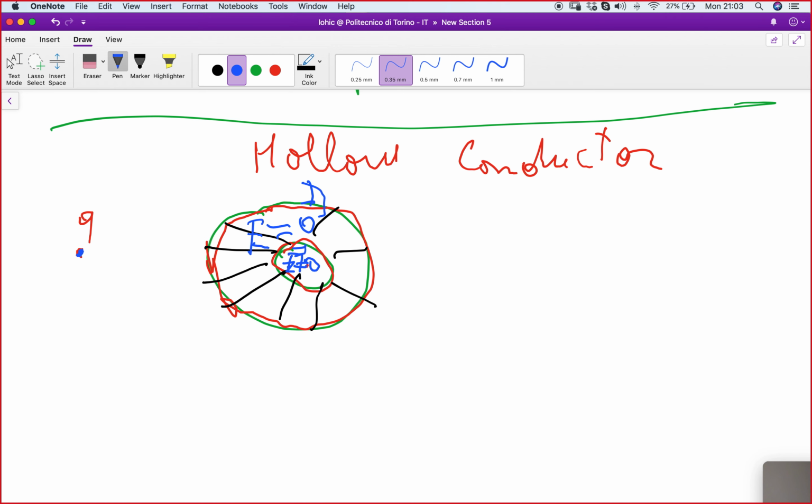Now the question here is, is this E equal to 0 or not? I mean the electric field in this zone here. I know that this zone is not the internal part of a conductor, but I want to know the E in this zone here.